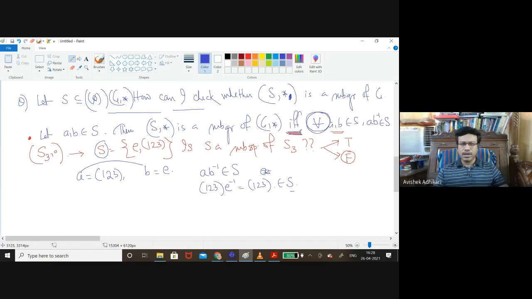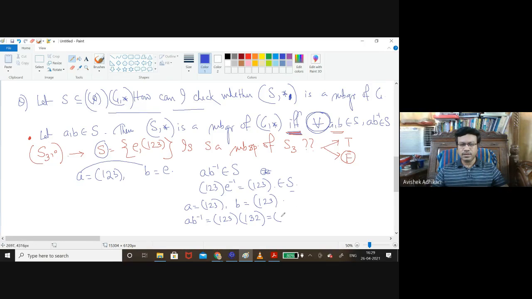Okay. Now if I consider A to be 1 2 3, and if I consider B to be also 1 2 3, then we can check that A B inverse equals 1 2 3 into 1 3 2, right? What is this value?